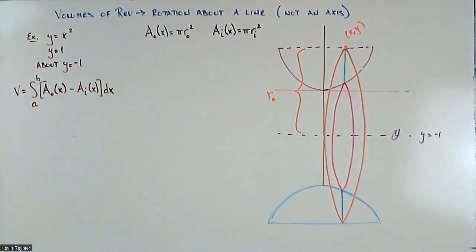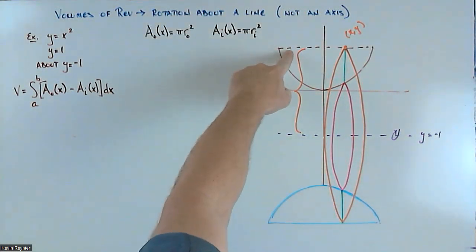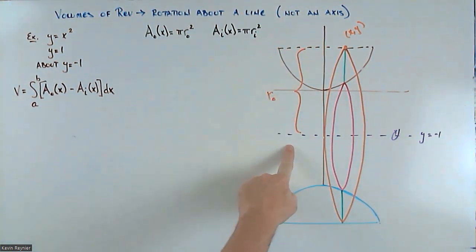Now, if we take a look at our outer radius, we see the special nature of this problem. And this is, again, why I picked it, not to cheat you of the opportunity to see the bracket method twice in the same question. Again, I did that just to try to keep the drawing a little neater. When we take a look at this, we go from a horizontal line to a horizontal line.